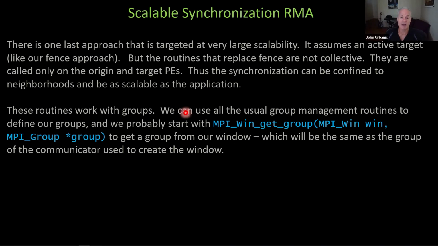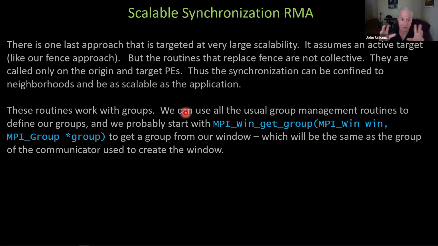If PE 0 and 1 and 3 want to be doing some local neighborhood remote memory accesses with different windows, what we don't want is them caring at all about what windows are available on PEs 900,000, 900,001, and 900,002 that are out there communicating in their local neighborhood. We'd like them to be completely independent and decoupled.